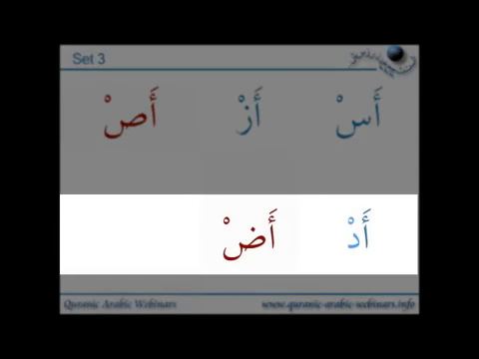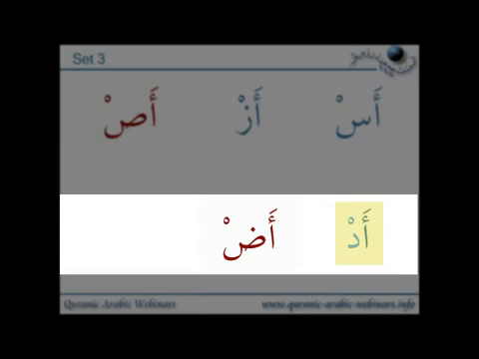And the bottom set here is the dal and the dad. Again, this is a tarqiq and tafkhim pair. We have the lighter version of the D, which is dal, and the heavier version, which is the dad. With the sakin version of those, the dal is one of the qalqala letters, so you've got to put a bit of an echo in there.